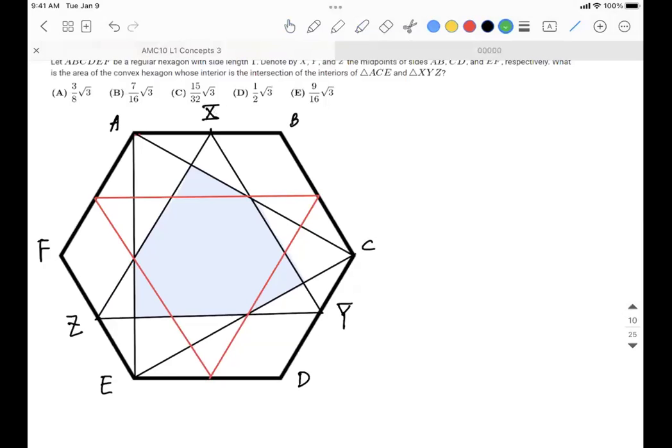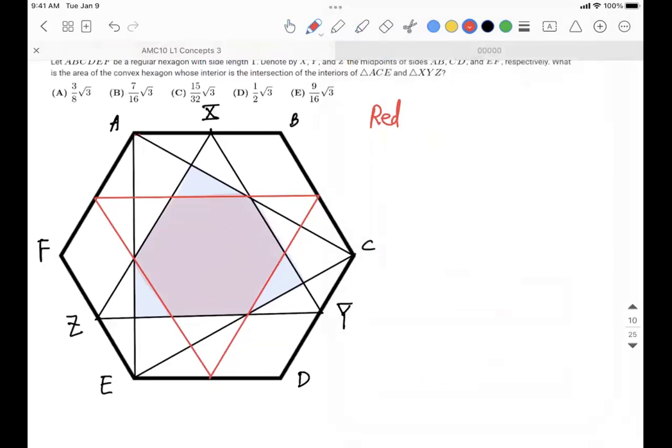I think about it like this. This is actually nothing but my red region plus three blue triangles. Is it right?